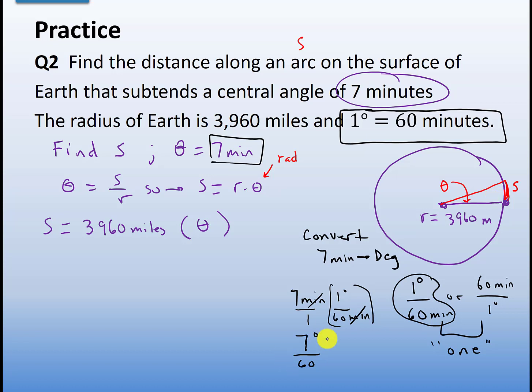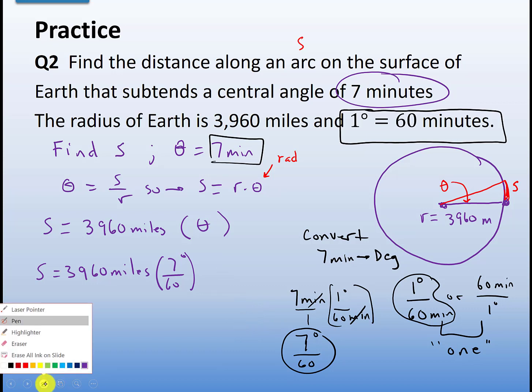So I'm going to take this and plug it into the formula, because at least now I know the angle. But it's still got one more problem, but that's going to be easy to fix. It's 7 degrees divided by 60, and the other problem is that it's in degrees. However, we know how to get rid of degrees.